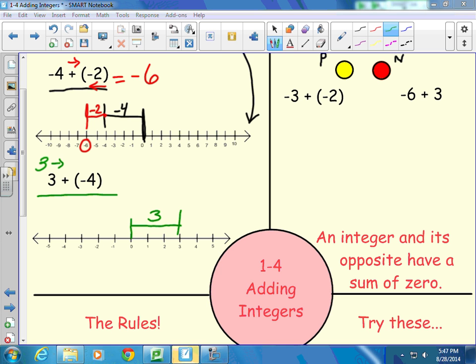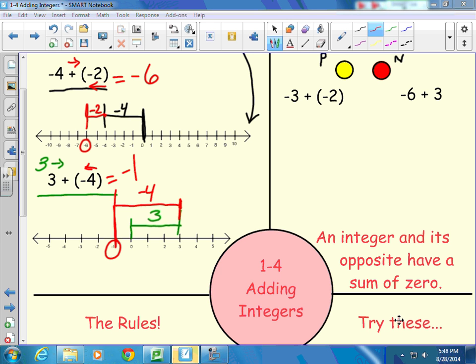And then I'm going to be adding a -4. Adding, again, is a positive, but this -4 tells me I should be walking backwards. So from 3, I want to be moving 4 left. So I'm going to go 1, 2, 3, 4, and where I end up is at that -1.